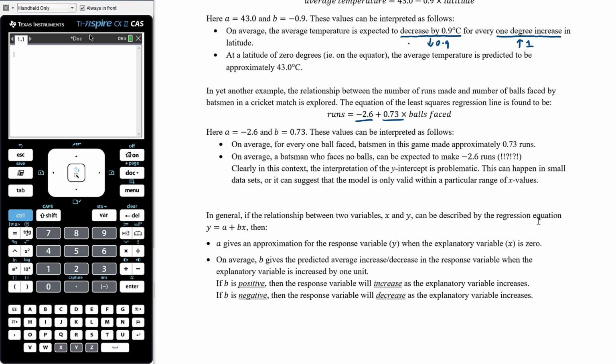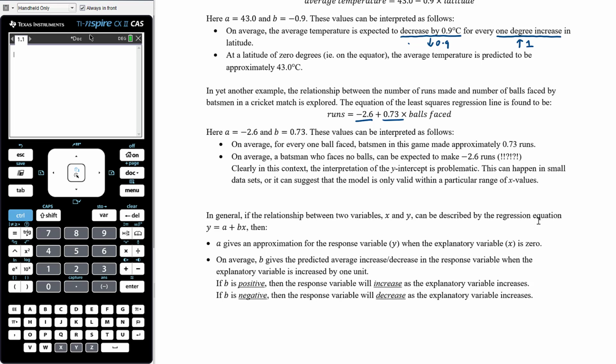The gradient: on average, for every 1 ball faced, batsmen in this game made approximately 0.73 runs. So as the number of balls faced increases by 1, the number of runs gained increases by 0.73. But again, you can use language specific to the context.